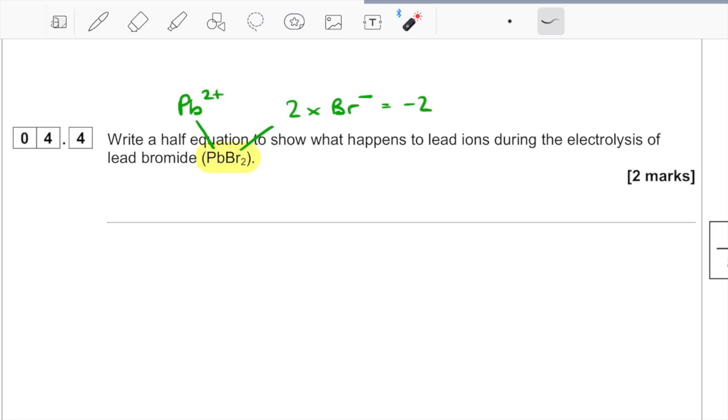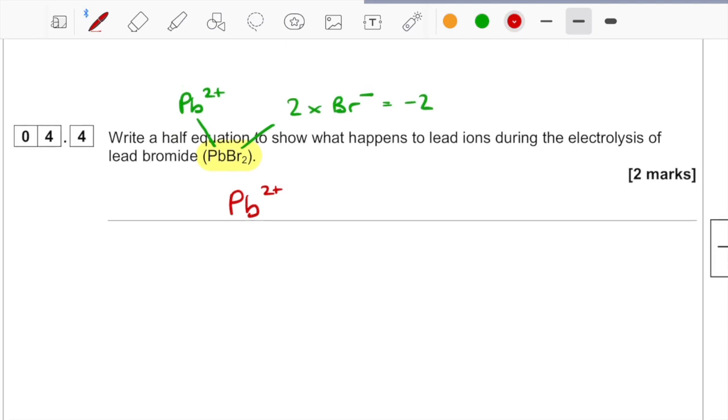Now, a half equation is always about whether electrons are lost or gained. A half equation is showing us either oxidation or reduction. So we are starting with lead ions. One thing to remember in electrolysis is that you always get the elements at the end.